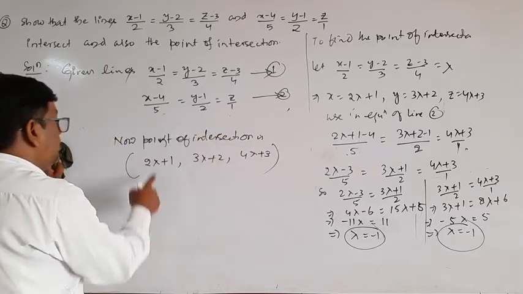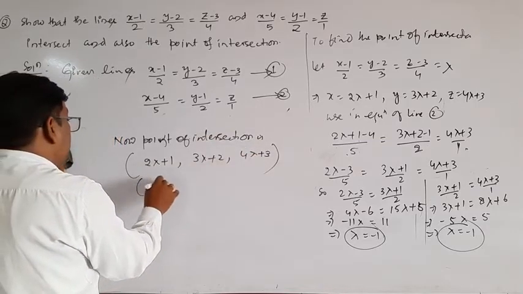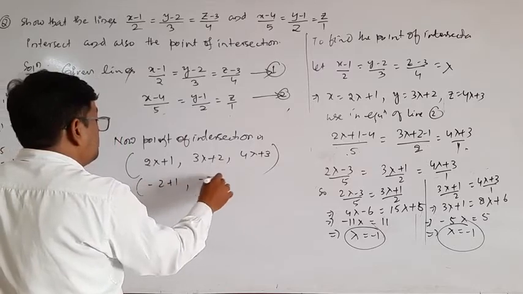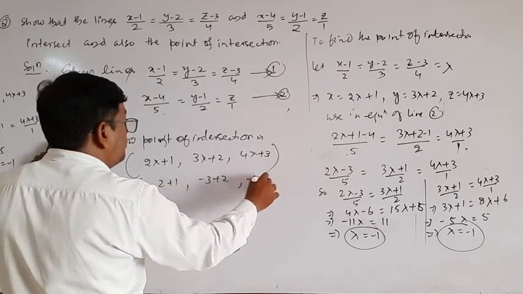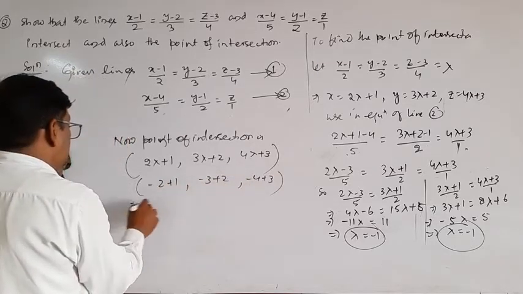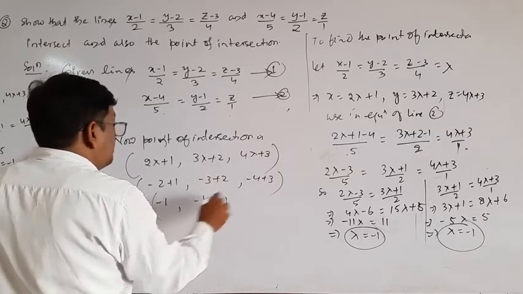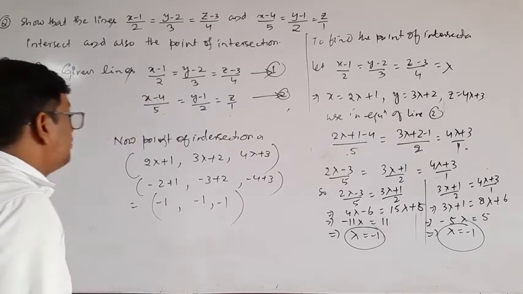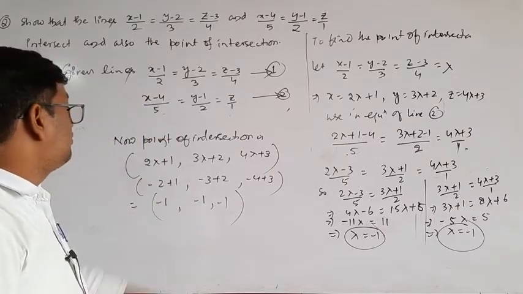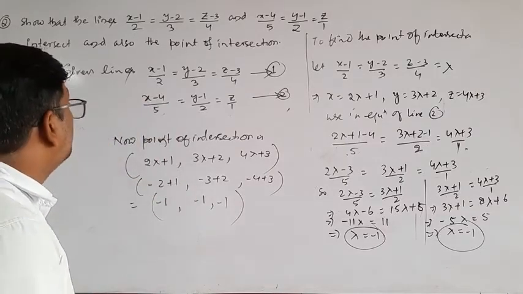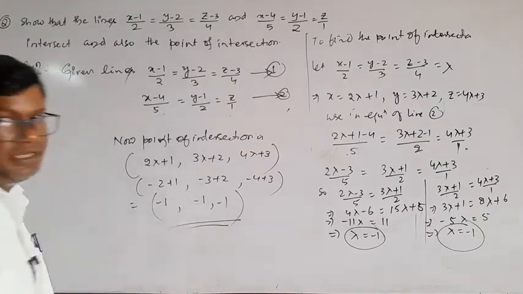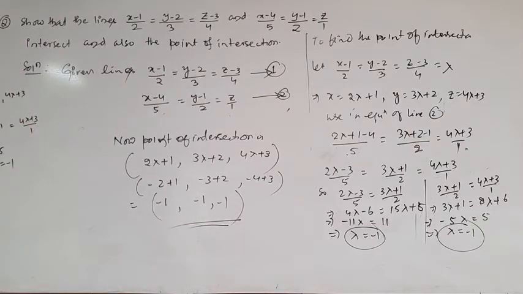With lambda equal to minus 1, that is minus 2 plus 1, minus 3 plus 2, and minus 4 plus 3. So this is minus 1, minus 1, and minus 1. That is the point of intersection.